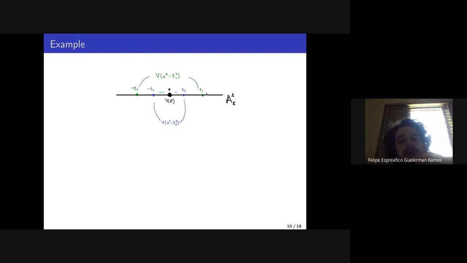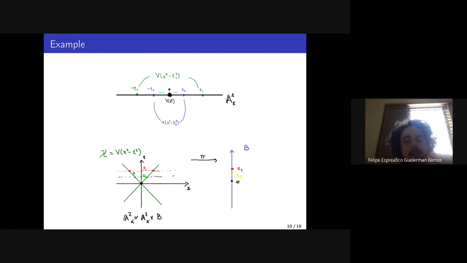And so we can see the example in the picture. The pair of points here, t1, minus t1, t2, minus t2, are getting closer and closer to 0. In this picture, we see the family in the actual A2, because of course our base is A1.